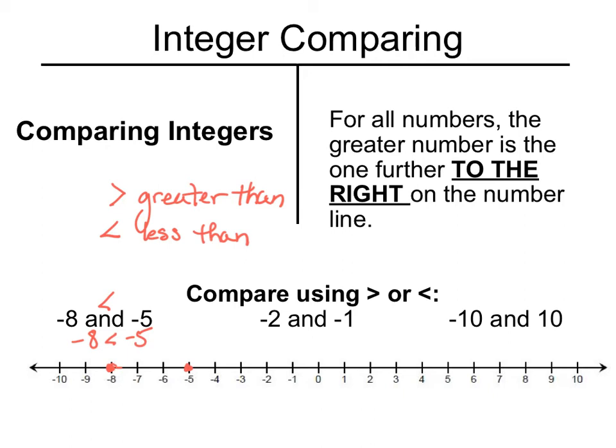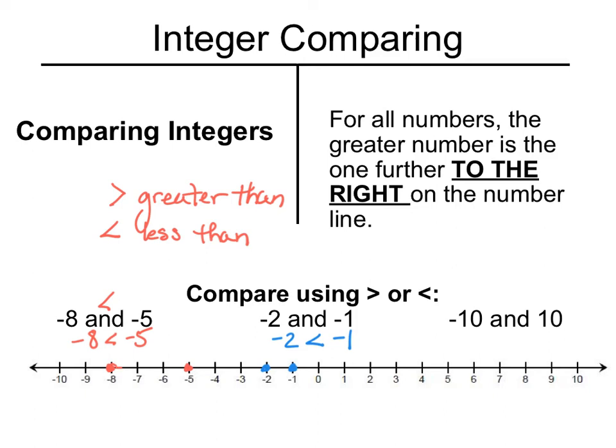Now let's look at the next one, -2 and -1. Let's graph those on the number line. I've got -2 and I've got -1. The number that is further to the right is the larger number. So that means -2 is less than -1.